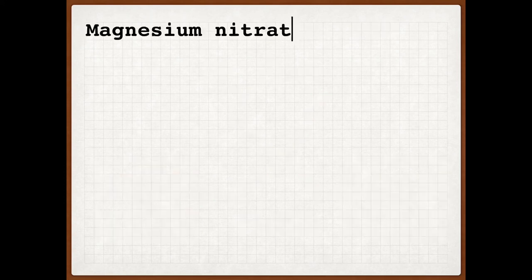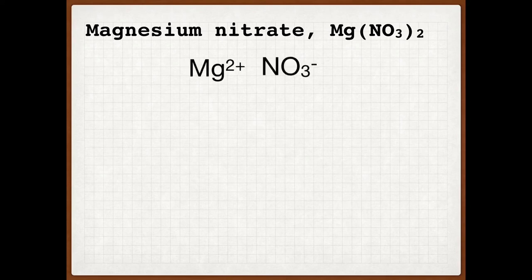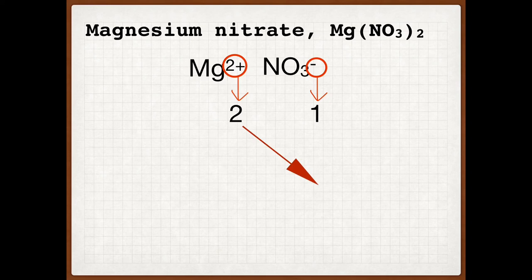Next is magnesium nitrate. Magnesium ion Mg2+ and NO3- for nitrate ion. Bring down the charge +2 and -1. Now cross the number 2 and 1.